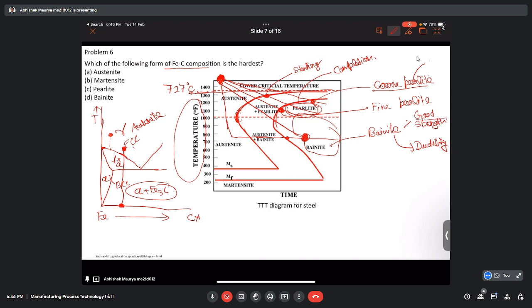So it is a good thing, because here we got good strength as well as a considerable amount of ductility. But what will happen if our cooling rate is too high, like here or somewhere here? If the cooling rate is too high, this is called the quenching process.